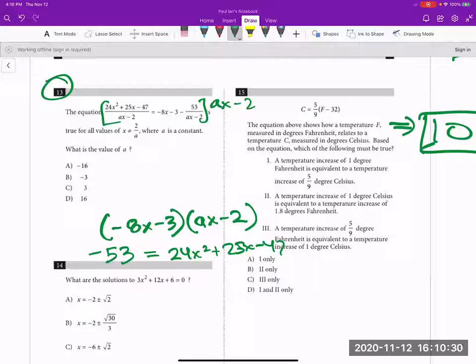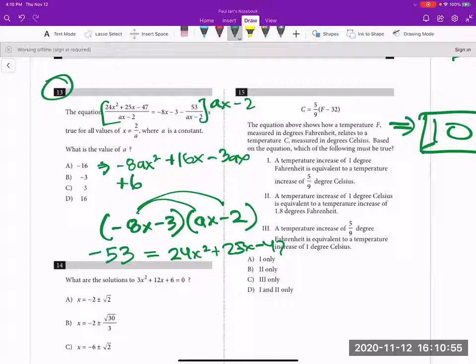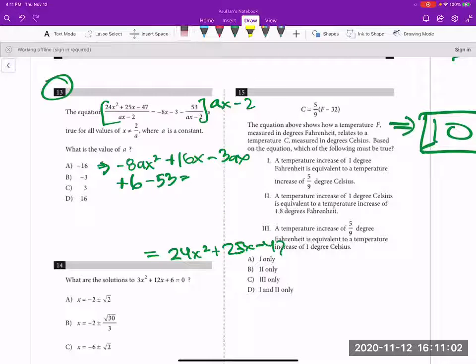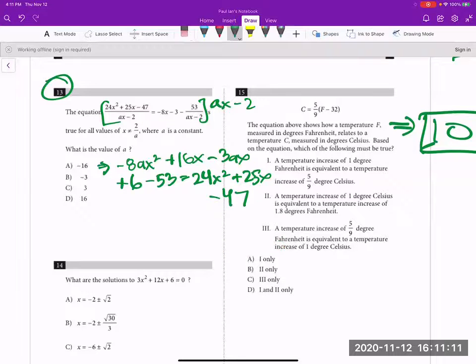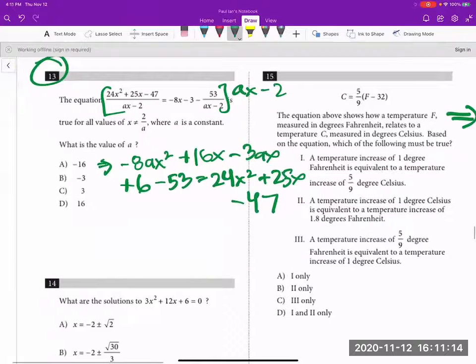So after you do that, then you distribute this guy, and then you get minus 8ax squared plus 16x minus 3ax plus 6 minus 53 equals 24x squared plus 25x minus 47. And then you just solve for a.